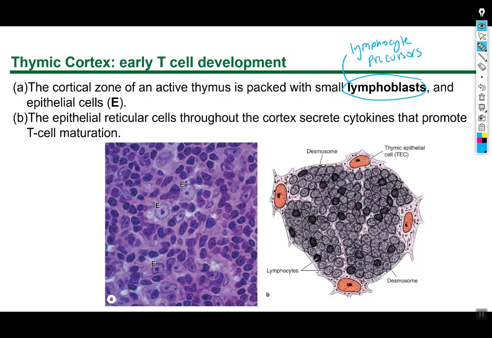These epithelial reticular cells, also called reticuloendothelial cells, are going to secrete cytokines like thymosin and thymopoietin, for example, that initiate the maturation of these surrounding T cells. So they're going to act on their neighbors to cause them to mature and grow up.